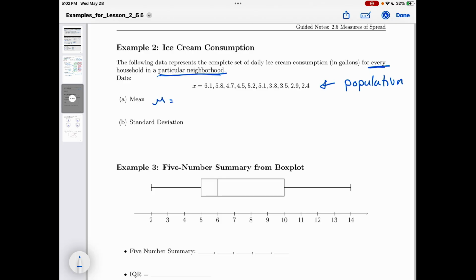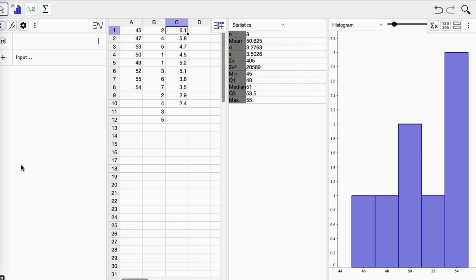So that means when we go to find the mean, we want to make sure that we write our symbol with mu. And we also want to make sure when we find our standard deviation that we're finding sigma, not S, because we need to calculate this based on the fact that this is an entire population.